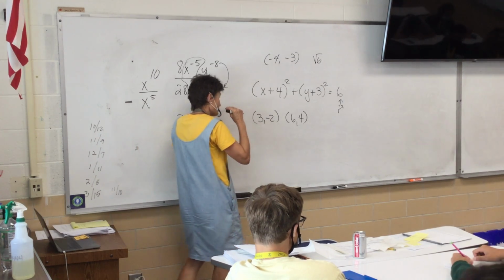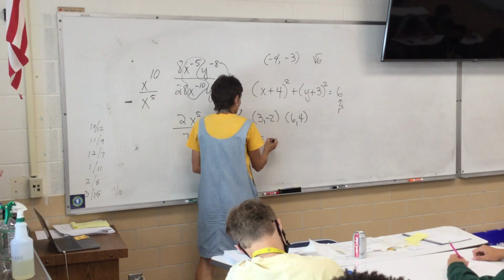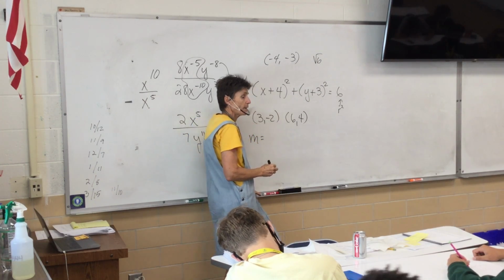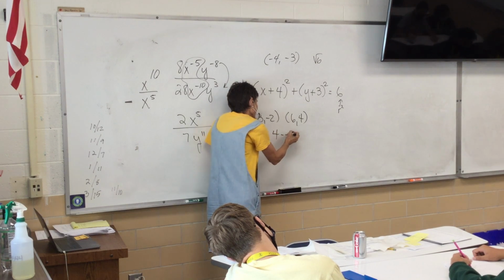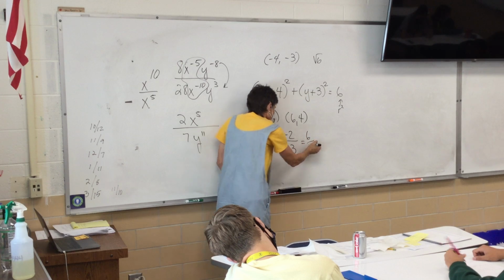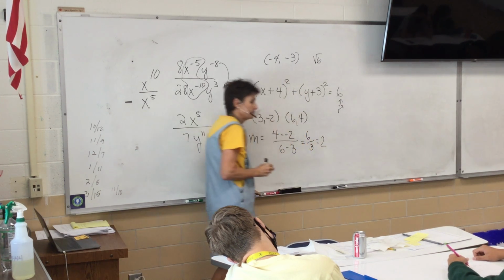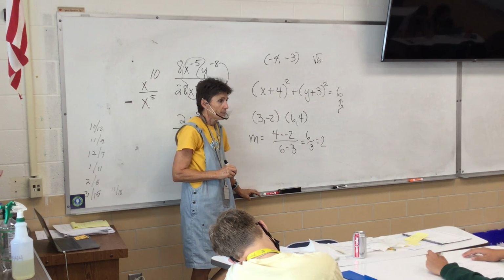All right, we're writing first the slope. I swear, if you screw this up, I'm going to be so mad. Slope is y minus y over x minus x. Then what?